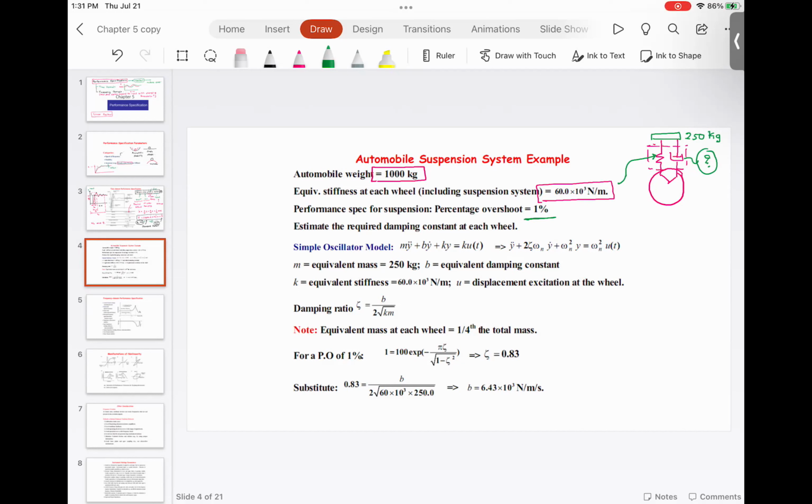I don't know if you have driven Mercedes vehicles with air suspension. The amount of air in the air suspension is varied depending upon the ride quality that you want, so that the damping coefficient is changed at runtime. You change the air pressure inside the air dampers, and that actually tunes the damping coefficient.